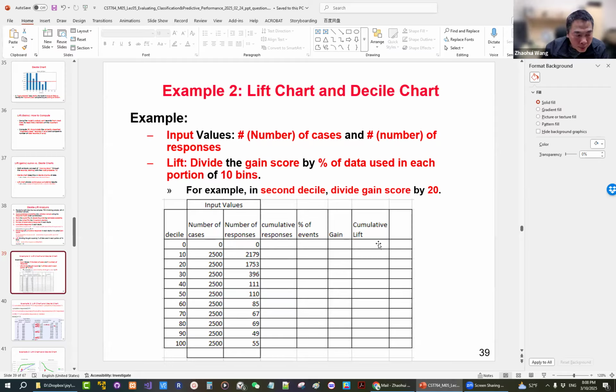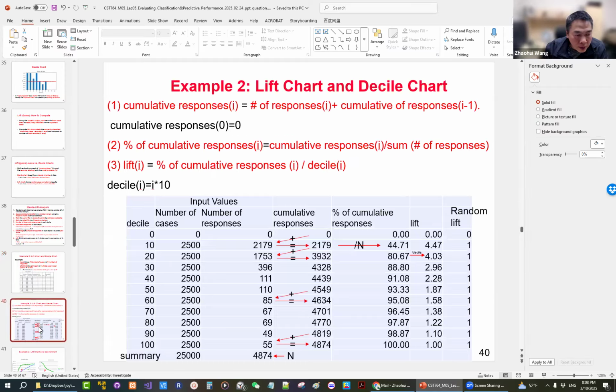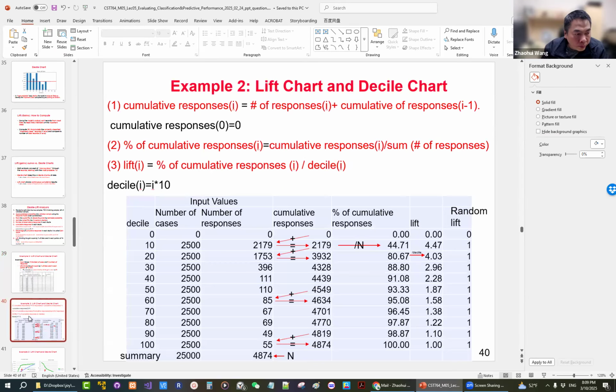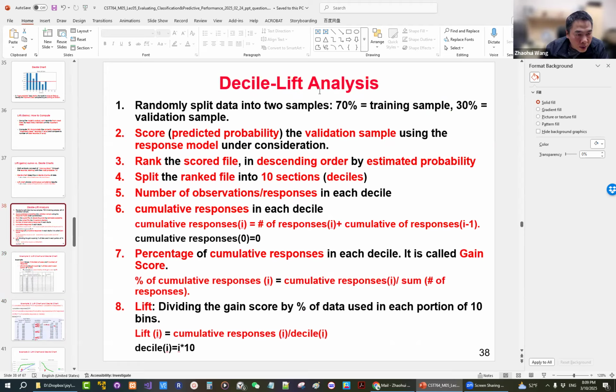Then we can calculate the other columns using the equations we introduced in the decile lift analysis method.